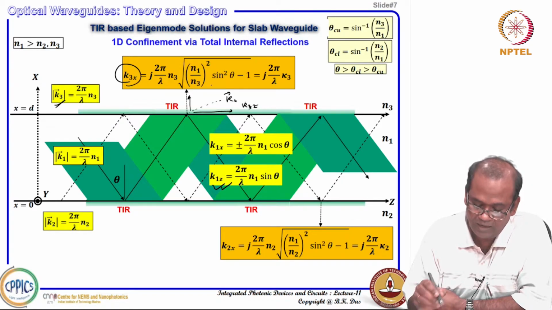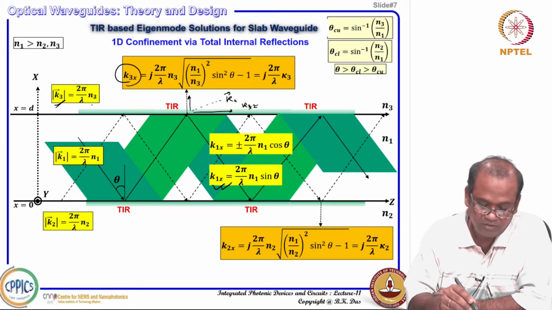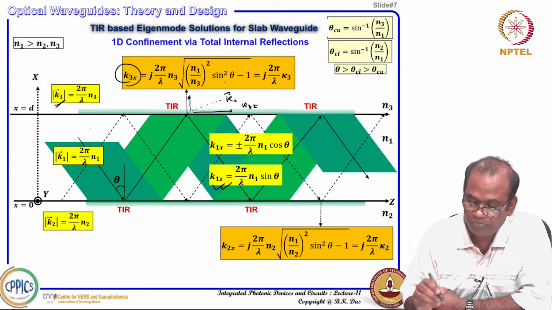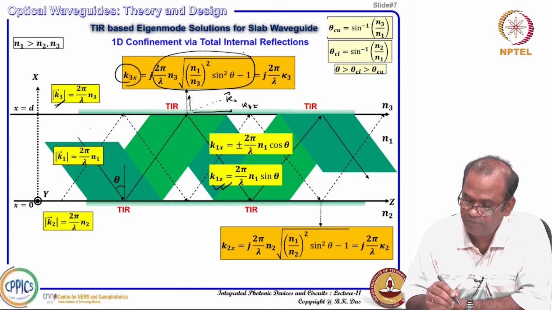That value we have derived earlier also. If theta is the angle of incidence we are considering, then with n1 by n3, the refractive index contrast at this interface, we get the square root of n1 by n3 squared times sin square theta minus 1, and this is a positive value for theta greater than theta c.